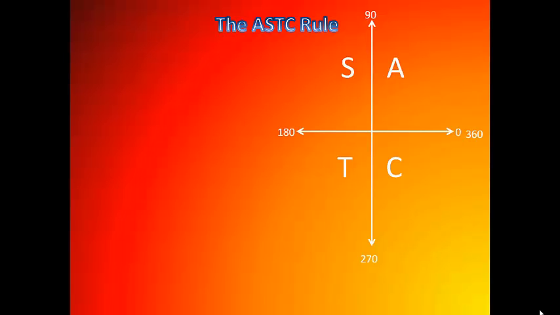And we know that we can get to the fourth quadrant using two different ways. First, by using the x-axis, and as you see, the x-axis contains 180 and 360.